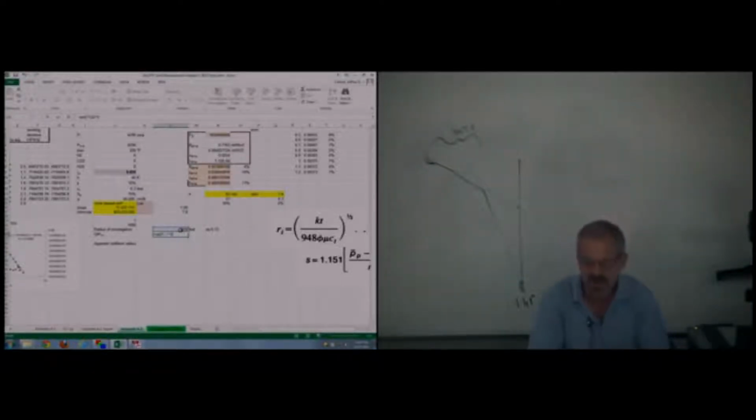So there's my area. Times phi, S_g, h. Divided by my formation volume factor, reservoir cubic feet per standard cubic foot. And that's in standard cubic feet. I'm going to at least divide it by 1,000 and get MCF.